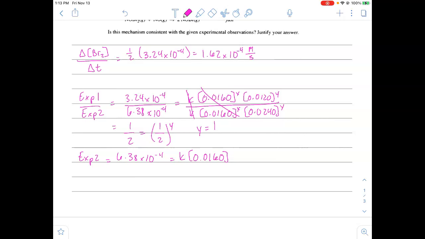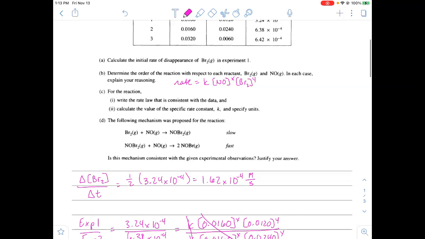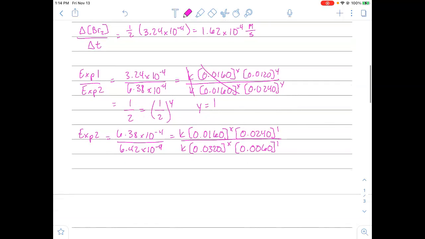Oh, sorry, that's still X, times 0.0240 raised to the 1, divided by 6.42 times 10 to the negative fourth, which gets us K times 0.0320 raised to the X times 0.0060 raised to the 1. Those are my initial concentrations from the table up above.